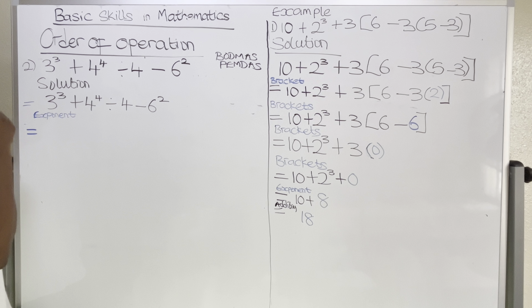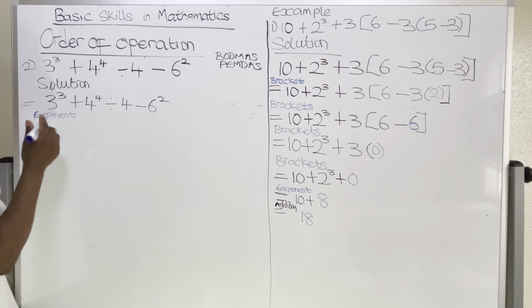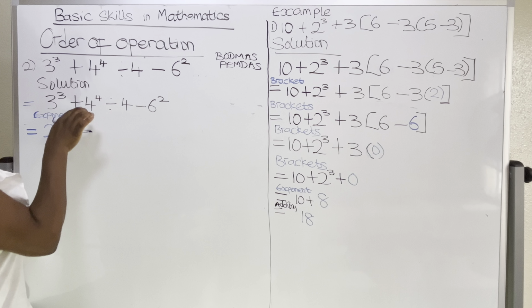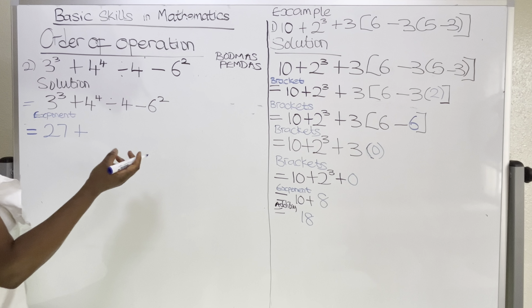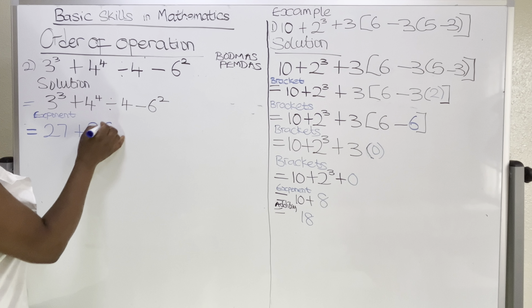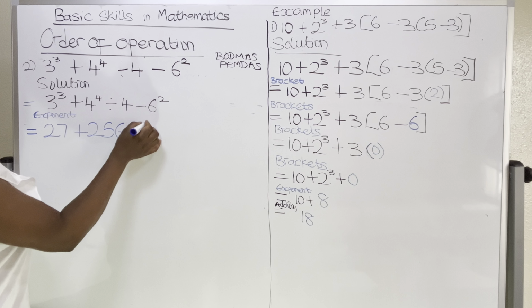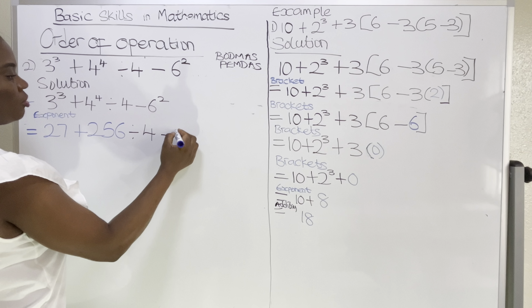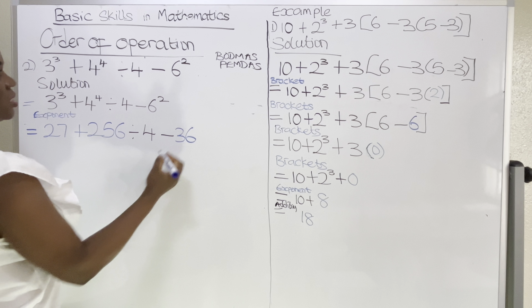So we will take 3 to the power of 3 will give us 27 plus 4 to the power of 4, that's 4 times 4 times 4 times 4, which is 256 divided by 4 minus 6 square, which is 36.